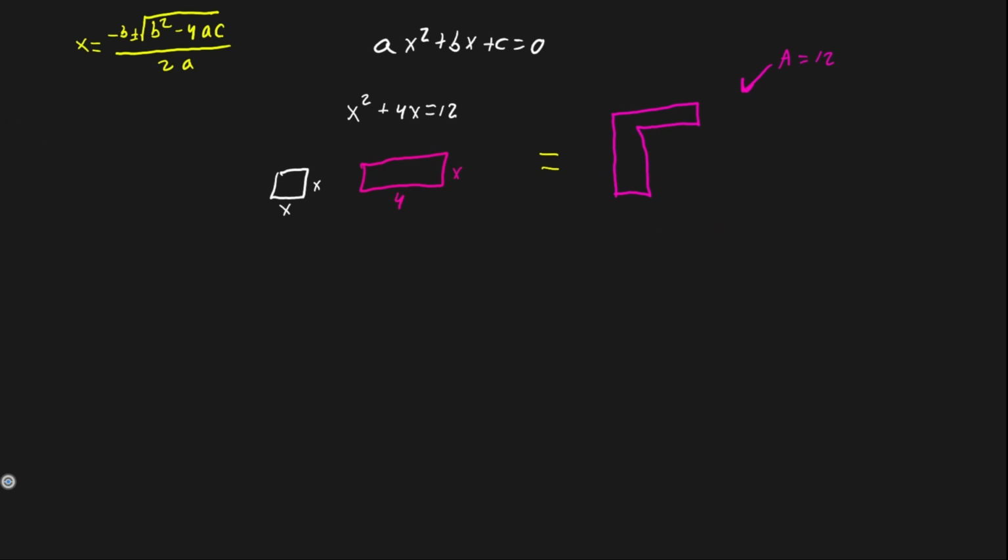And to do so, we're going to look at our rectangle and divide it in half exactly so that we get x by x and two different rectangles, so we get 2x and 2x.